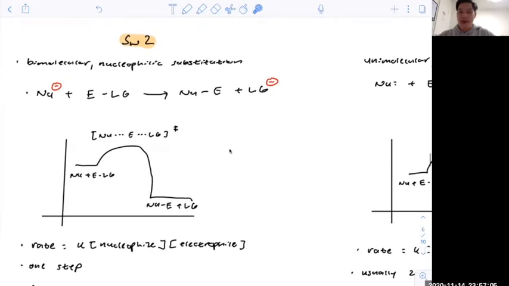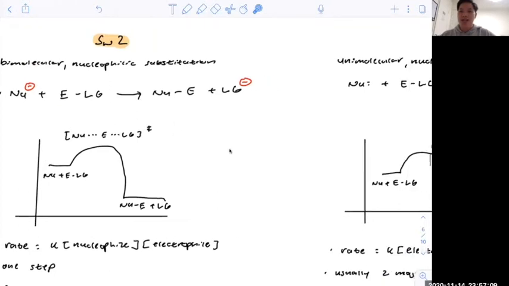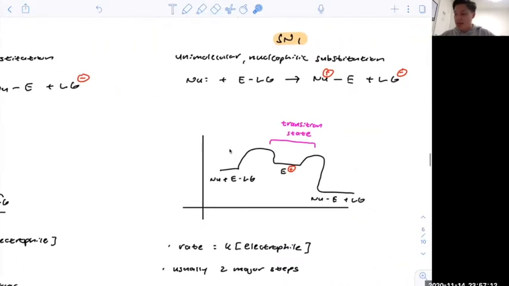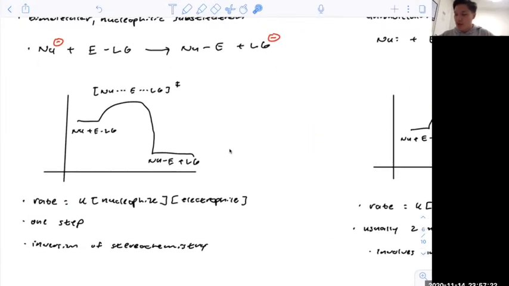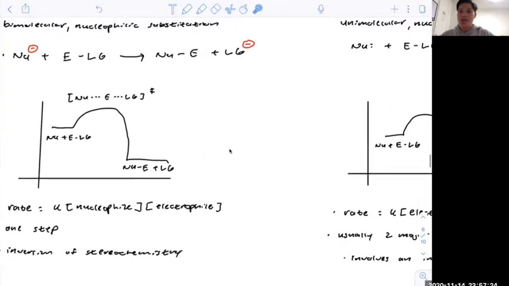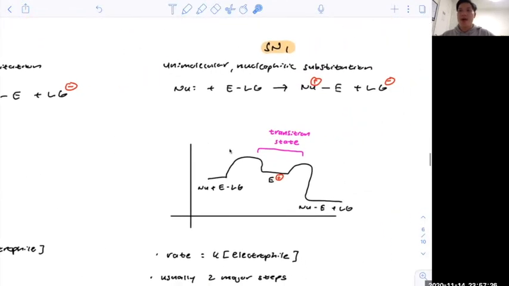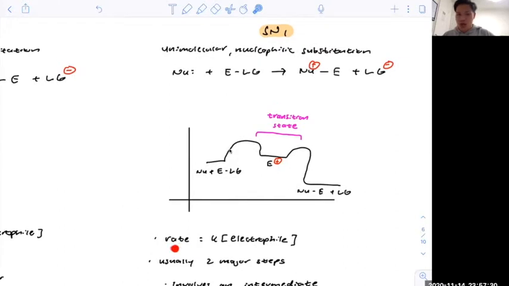And if SN2 was bimolecular, then SN1 by the name is unimolecular, right? So instead of the rate depending on two substances, like in SN2 where the rate is given by the nucleophile and the electrophile, you're actually only relying on one, which is the rate of the electrophile.